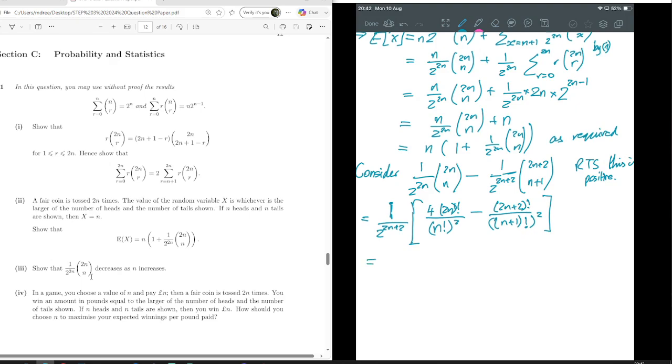So now what's common to everything here? I can take out a 2n factorial. I still have this 2 to the 2n plus 2 and an n factorial squared. So I'm left with 4 minus, left on this term is 2n plus 1, 2n plus 2, 2n plus 1.